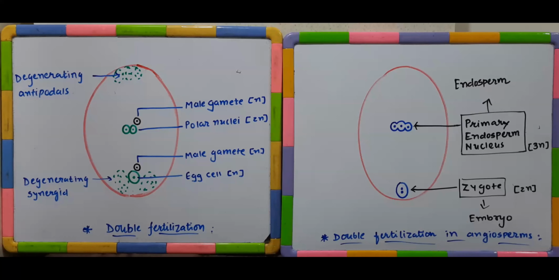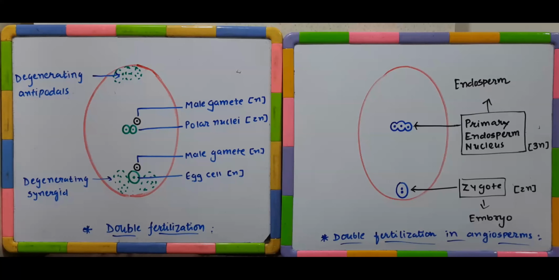At the end of the pollen-pistil interaction, we studied that the pollen tube enters the ovule through the micropyle and further enters inside the embryo sac, guided by the filiform apparatus, and finally enters any one of the two synergids.